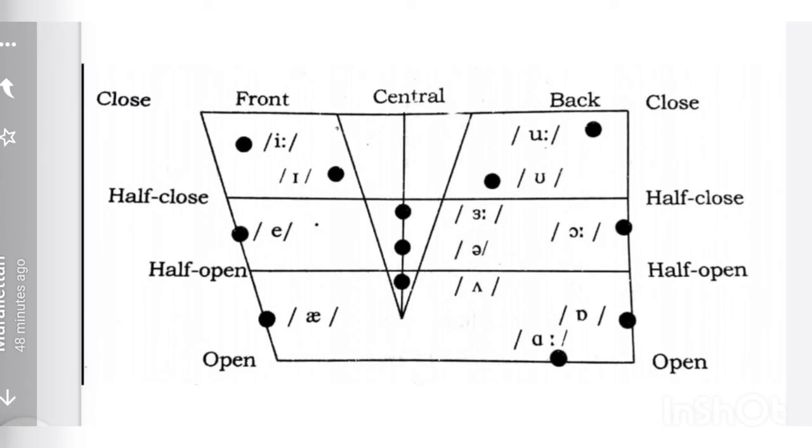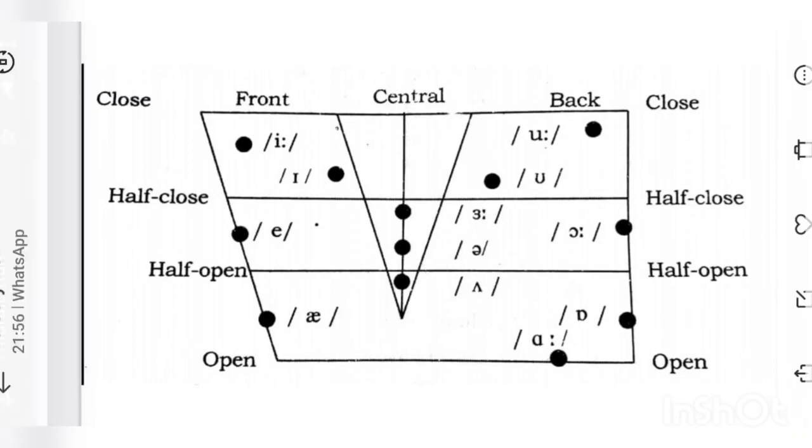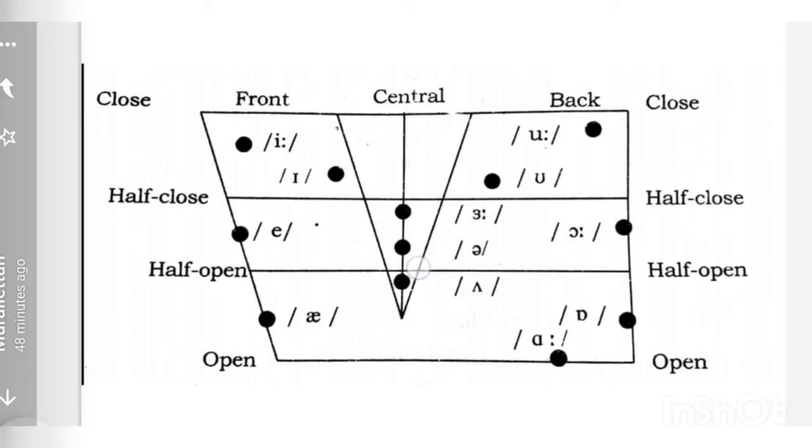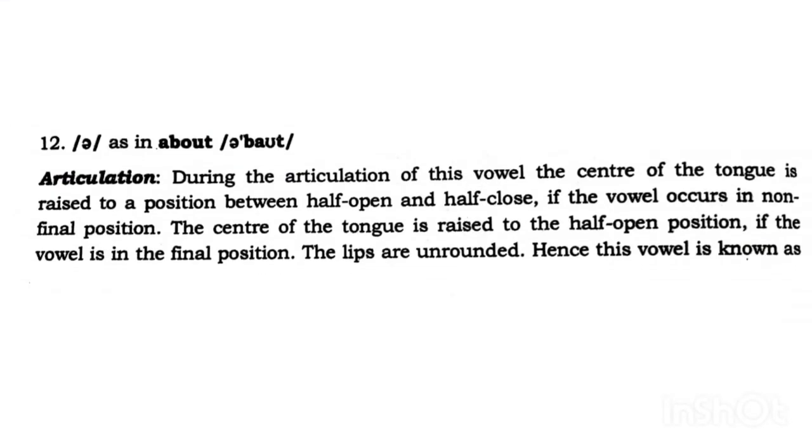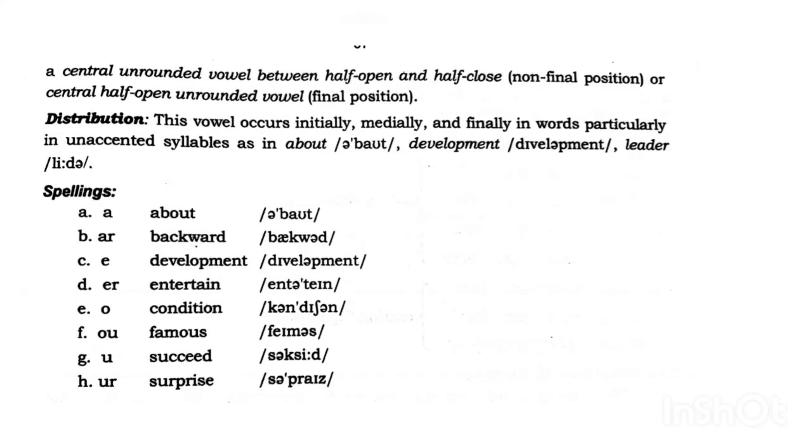The lips are unrounded. Hence, this vowel is known as a central unrounded vowel between half open and half close if it is in a non-final position, or a central half open unrounded vowel if it is in a final position.